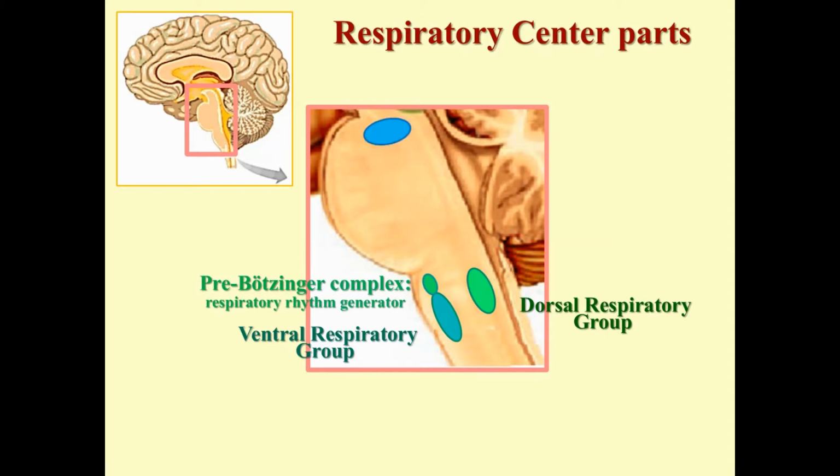Then the centers located in the pons, the pneumotaxic center and the apneustic center, with their opposite influence on the inspiratory neurons. The pneumotaxic center produces inhibition, decreasing the duration and depth of the inspiration, and the apneustic center stimulates inspiration.